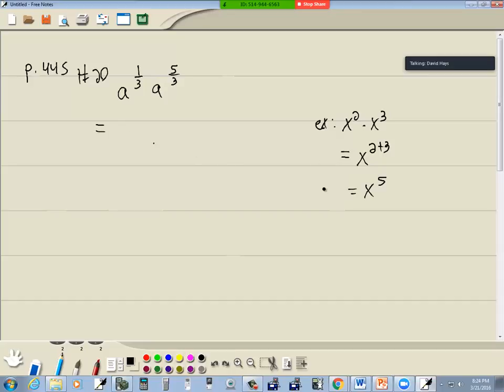Well, now they're taking what we learned before, and they're mixing in fractional powers, rational exponents. It's still the same idea. These are both a to a power. So I'm going to add the exponents. So I got 1/3 plus 5/3 gives us a to the 6/3. And 6 divided by 3 gives us a squared. And that would be our answer.